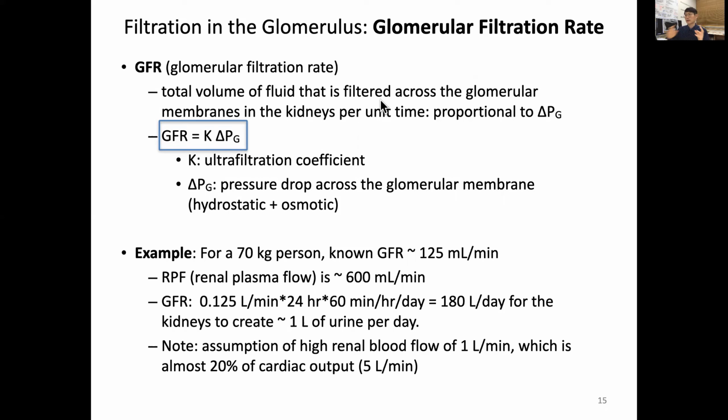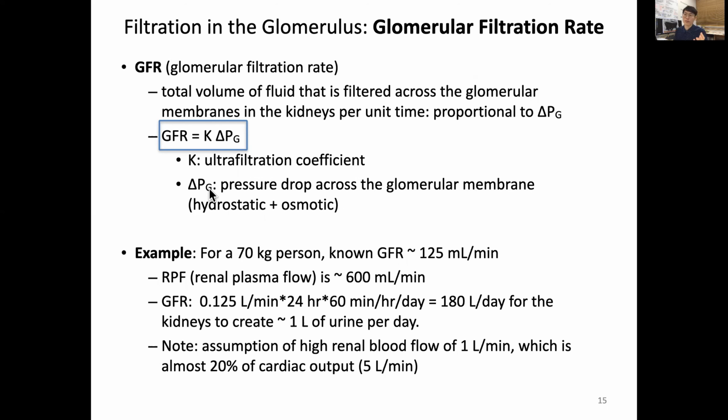This filtration rate is proportional to the pressure gradient, or pressure drop, across the glomerular membrane, which we define as delta P sub G.